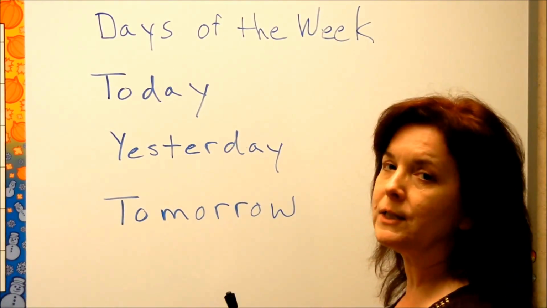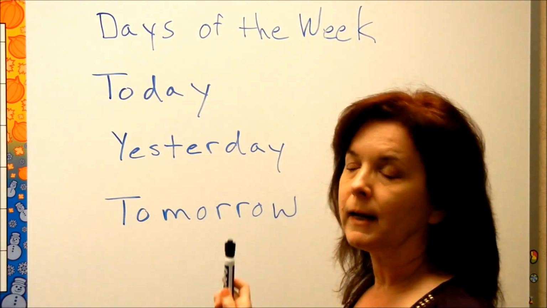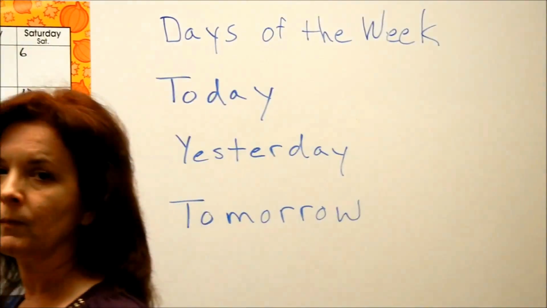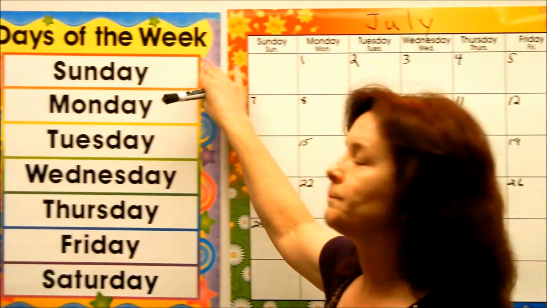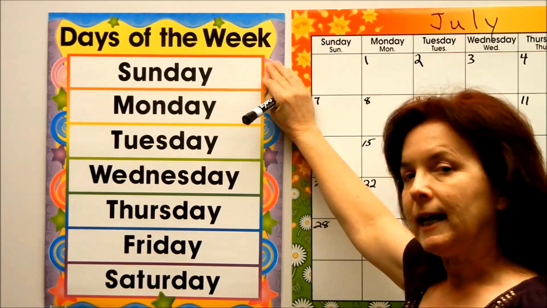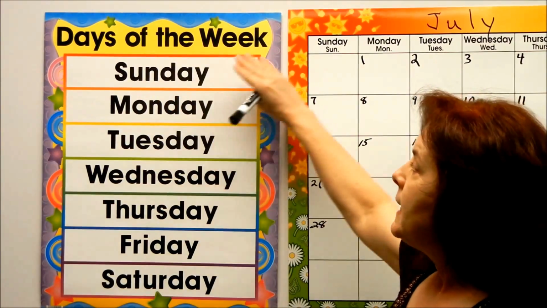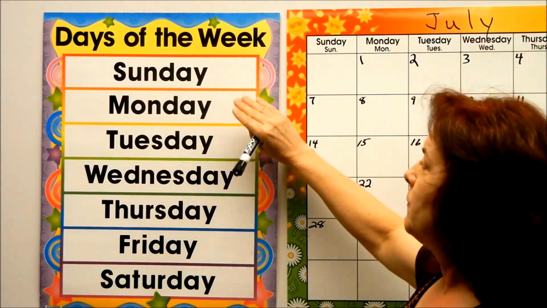Okay, first we are going to cover the days of the week. Let's go down here to my chart, days of the week. You need to take notes if you're going to use this as a lesson. The days of the week, the names of the days of the week.